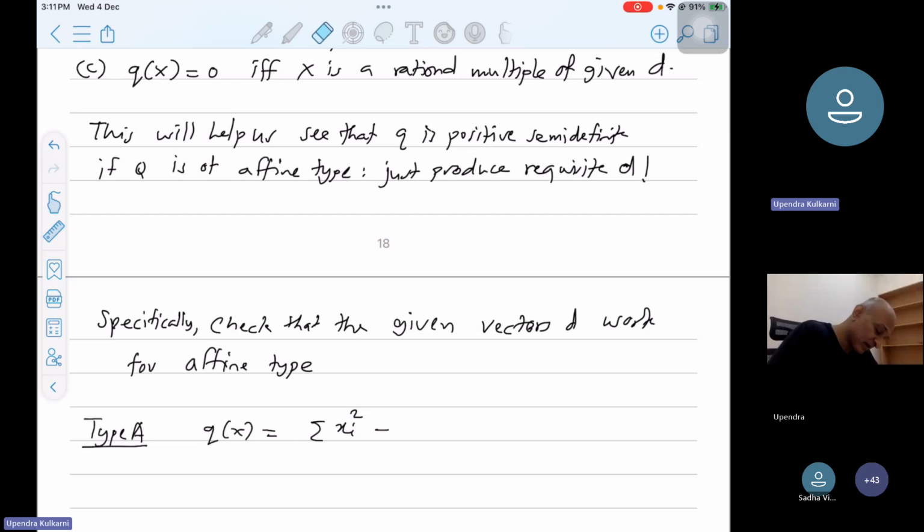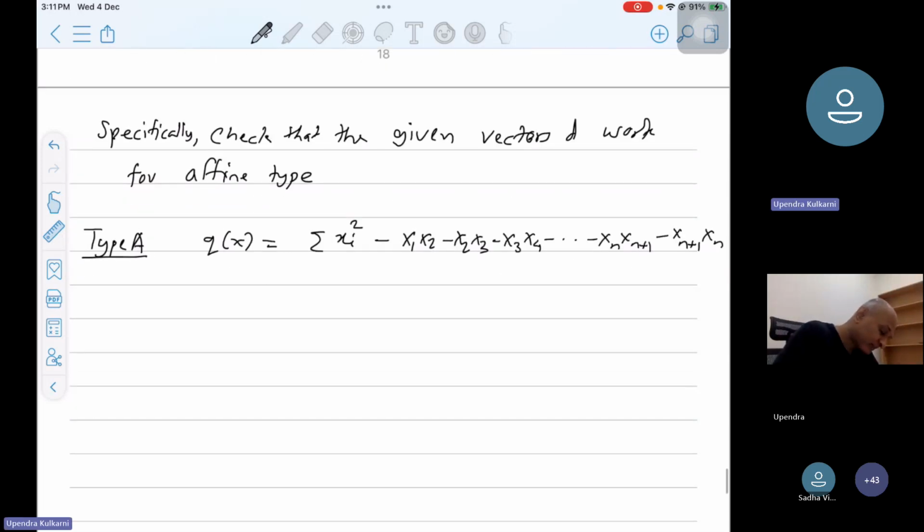So minus x1 x2 minus x2 x3 minus x3 x4, all the way up to xn x n plus 1 minus x n plus 1 x1. That is the quadratic form. So check that the associated bilinear form is going to have the following matrix. You have 2's on the diagonal and minus 1's on the off-diagonals.